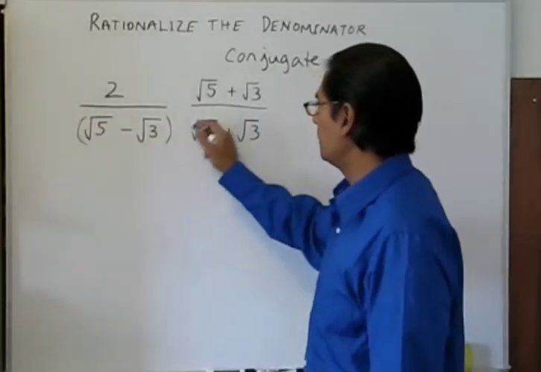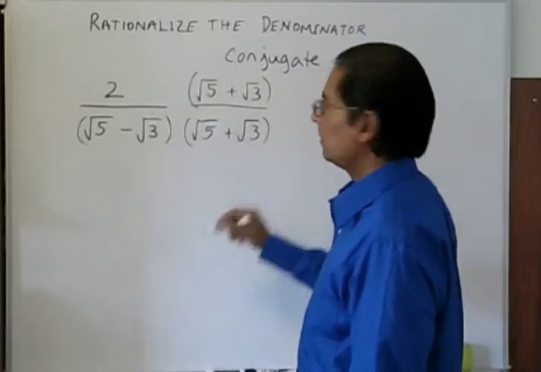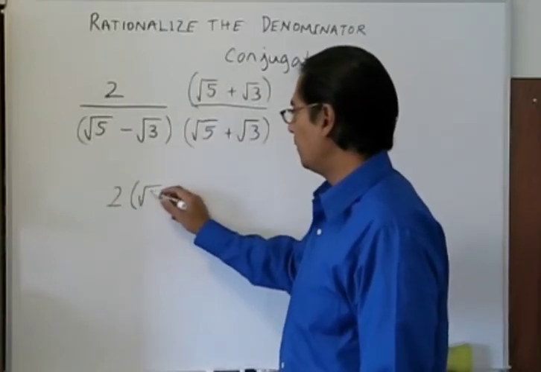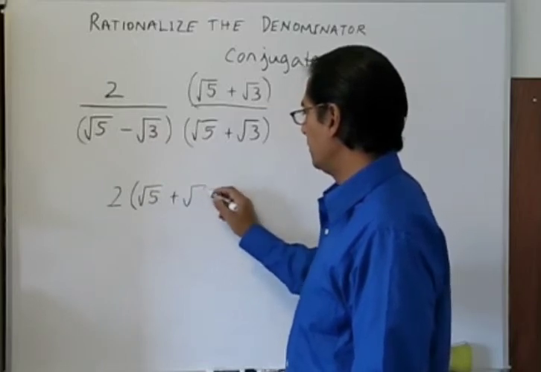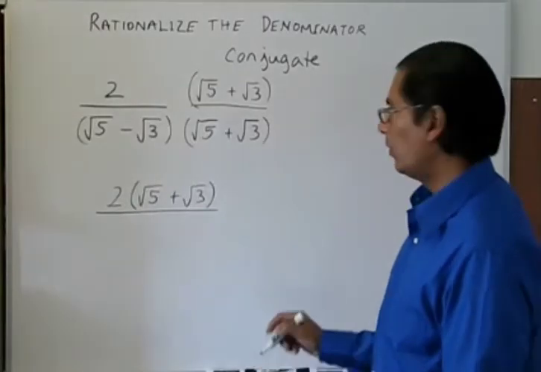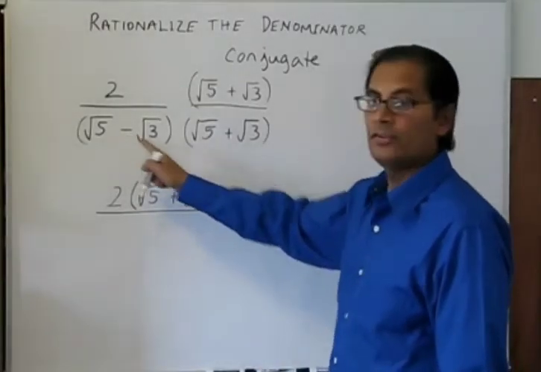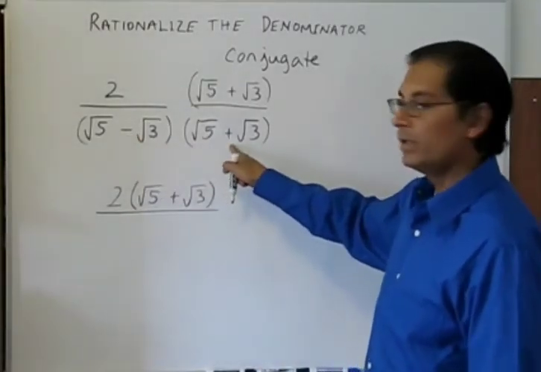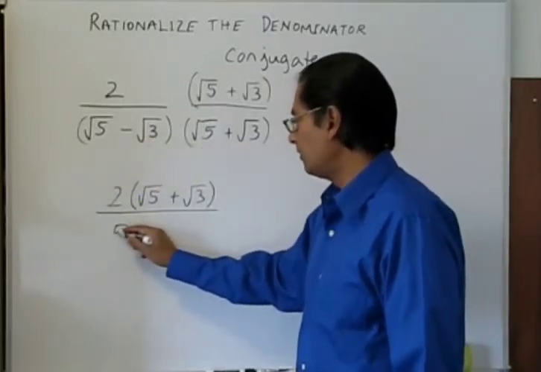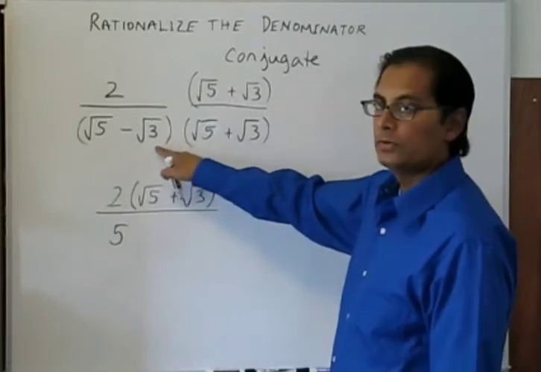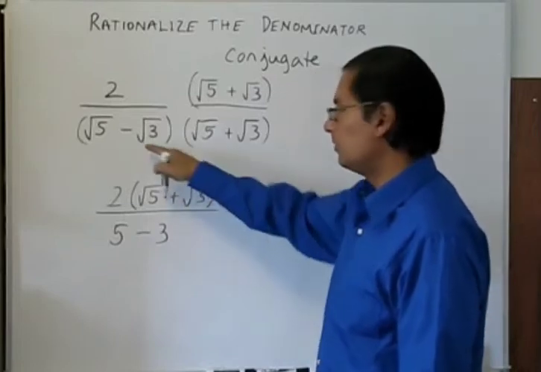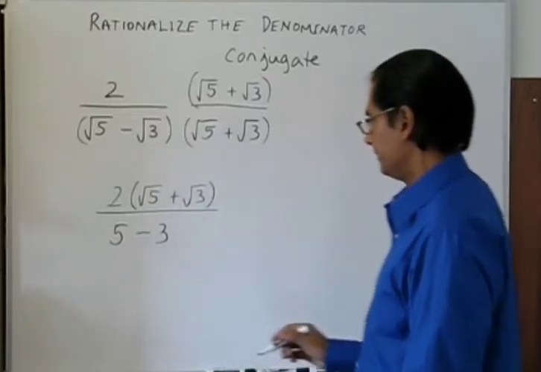Once we take the product of these, the top becomes 2 times root 5 plus root 3, and the bottom, since we're multiplying a difference and a sum, the middle term will drop out, and we're left with root 5 times root 5 is 5, and root 3, negative root 3 times plus root 3 is negative 3, because when we FOIL it, the middle term drops out.